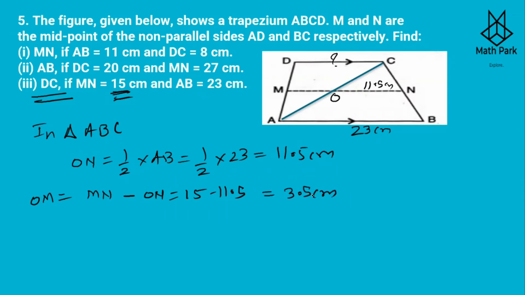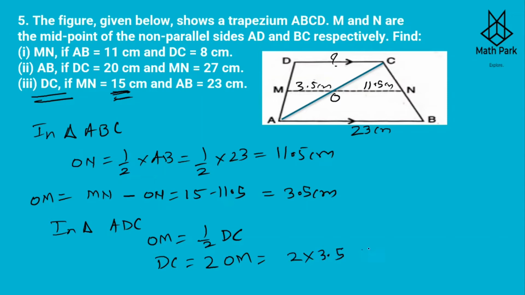Now let us use the midpoint theorem for triangle ADC. You have OM is equal to half of DC, or DC is equal to twice OM, which is 2 times 3.5, which is 7 centimeter. This is how we got DC as 7 centimeter.